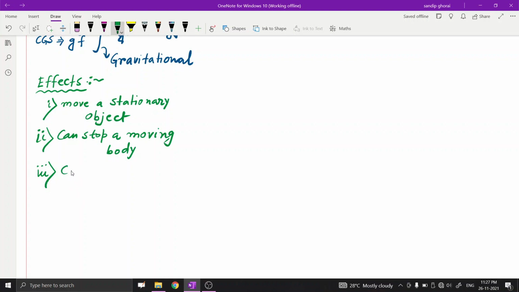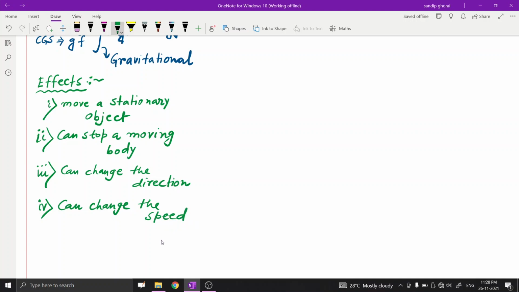The fourth one is that a force can change the speed of a moving body.